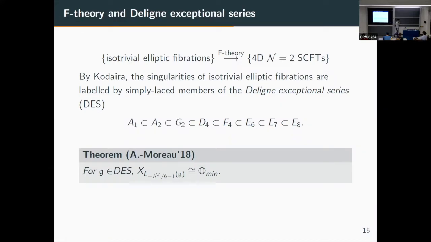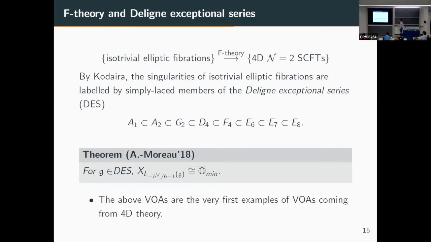So this gives a new family of quasi-lisse vertex operator algebras, and this VOA is exactly the VOA coming from the 4D theory obtained by F-theory. And this is the very first example of the 4D-2D correspondence.